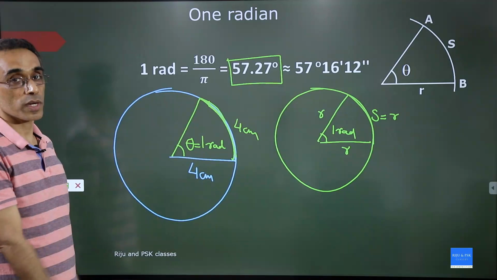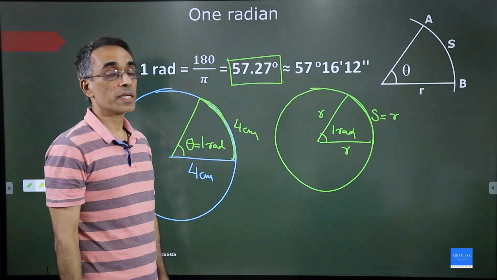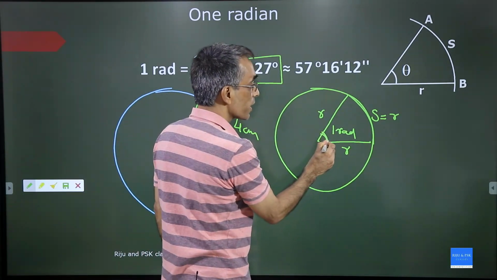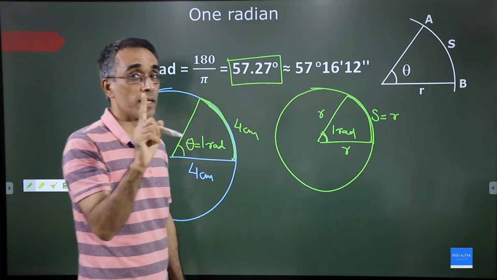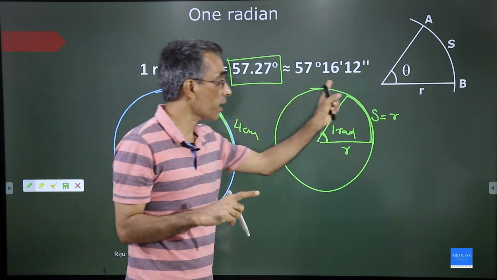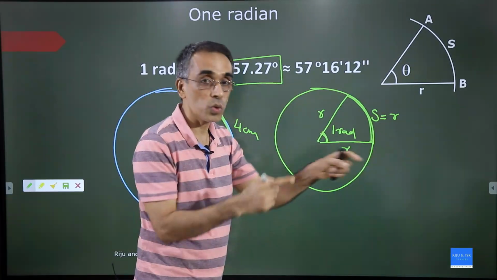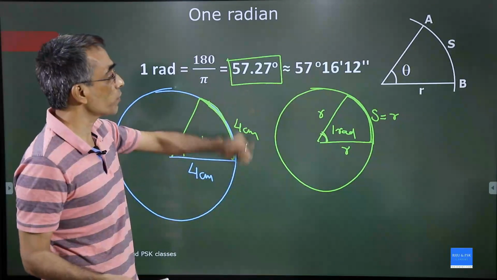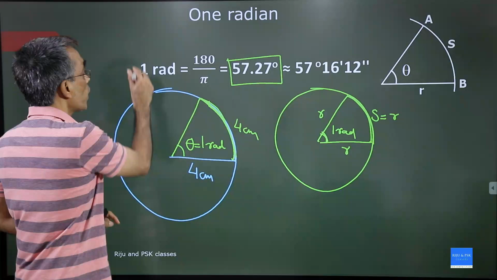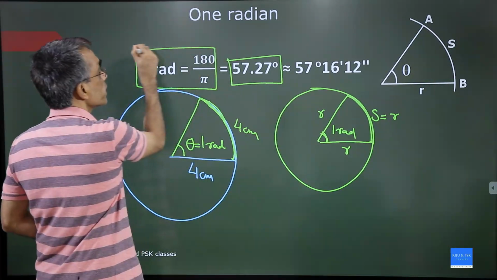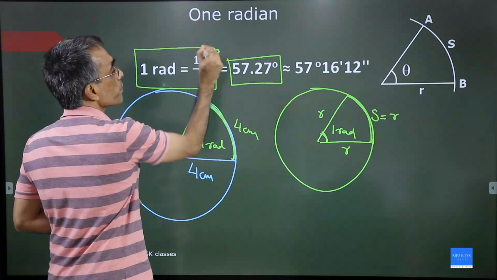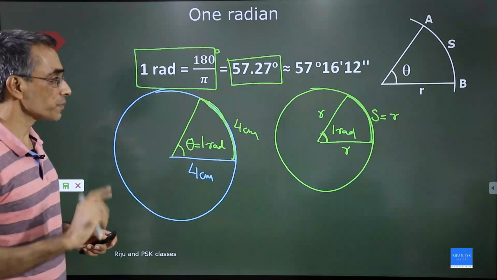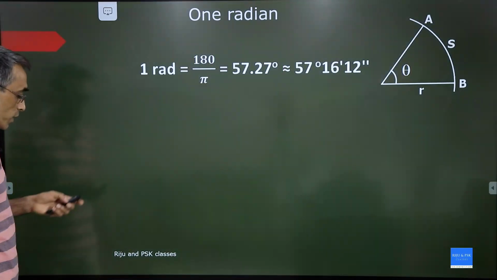This is the definition of 1 radian. 1 radian is the angle created by an arc length equal to radius, and it's equal to 57.27 degree, or 180 degree by pi. Fine. So I told you what is 1 radian.